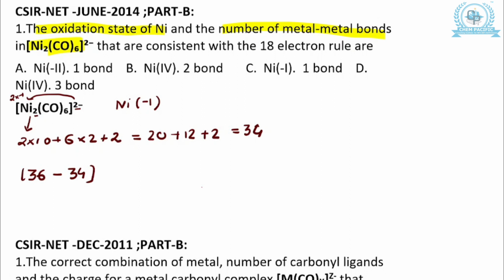So the remaining is 2 electrons. So 2 electrons result in the formation of one metal-metal bond. Very easy. And henceforth the answer is C. Nickel has oxidation state -1 and it has one metal-metal bond.